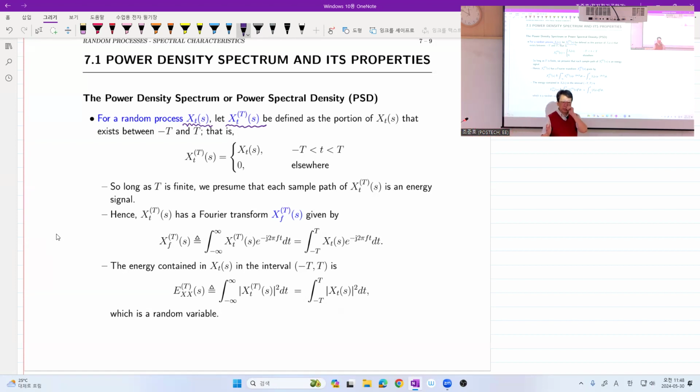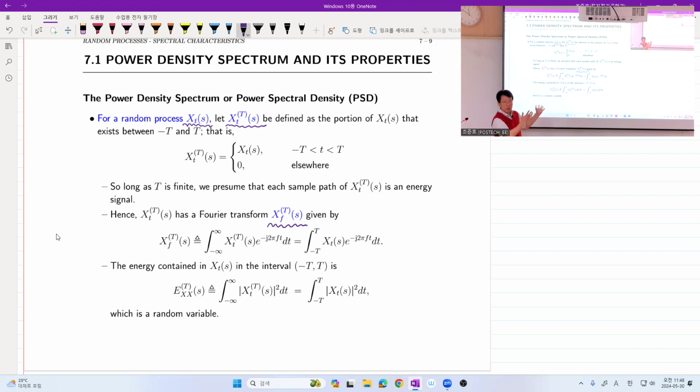Now, your truncated signal in most of the applications will become a finite energy signal, right? There is no engineering sense of an infinite energy signal during a finite period, right? Energy is finite anyway. So now you can think about the Fourier transform of this truncated signal, which is denoted by x sub f of s, but with superscript T to mean that, hey, this is the Fourier transform, but after time domain truncation.